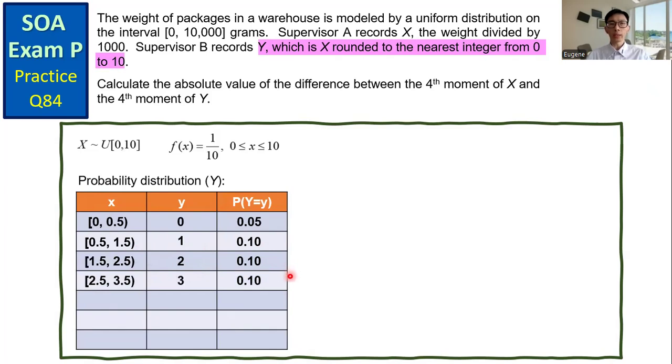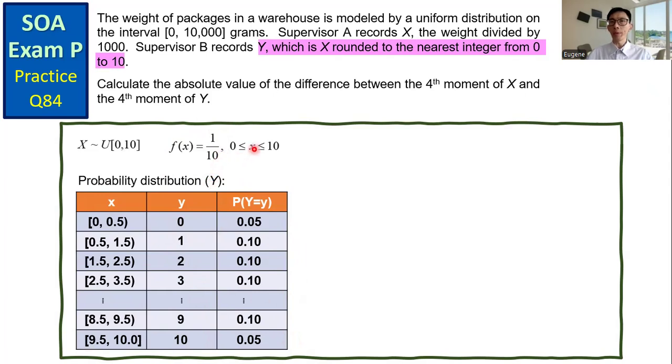We go all the way to the last category. X is at least 9.5, Y is rounded, equals 10. The probability is 0.05. We get the PMF of Y, and we have the PDF of X.